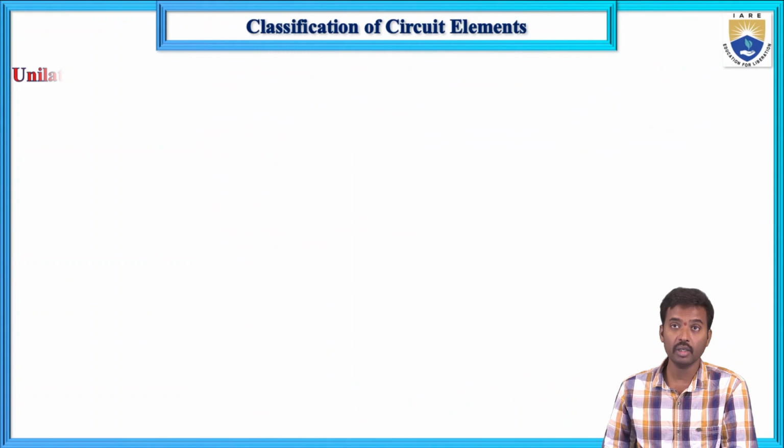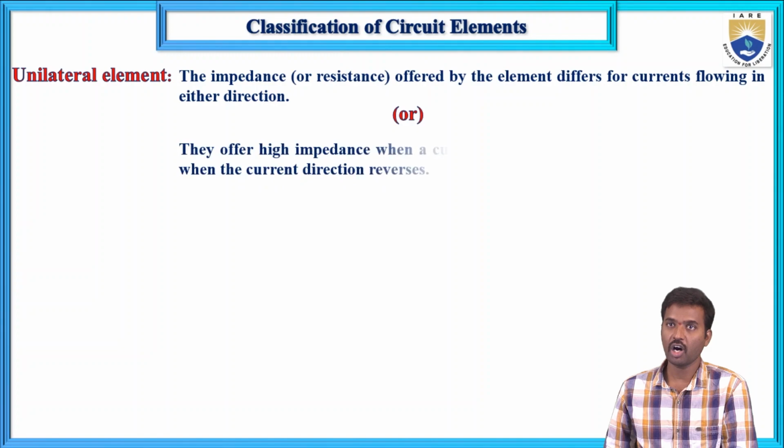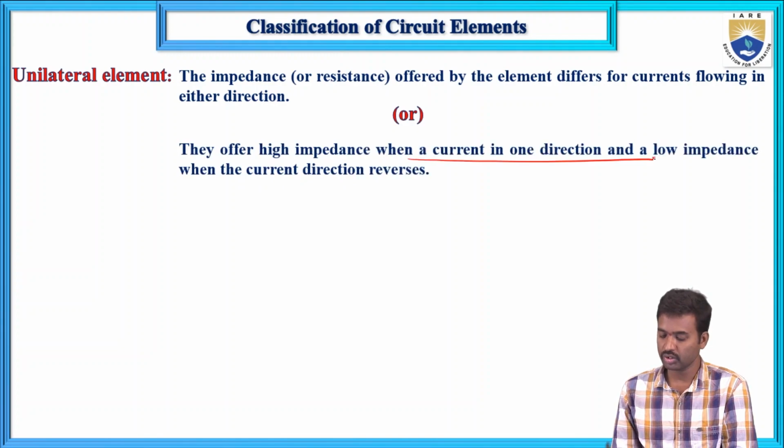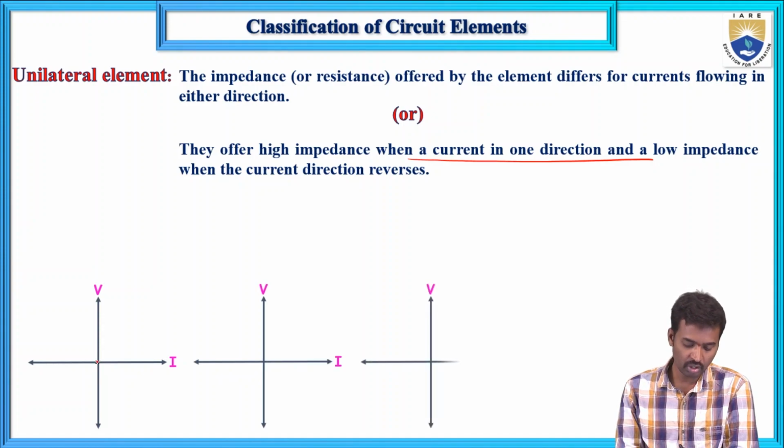And unilateral elements offer different impedances, meaning current flows in only one direction: high impedance when current flows in one direction and low in the other. So the first and third quadrant images, and the second and fourth quadrant images, are not the same. Now here is the diagram.